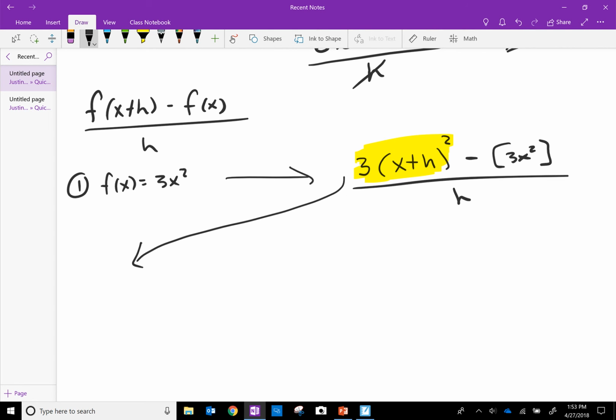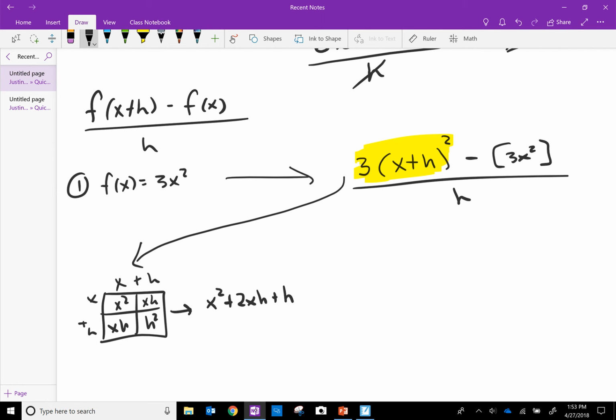And in order to do that, I'm going to multiply that out with a box. X plus h times x plus h is x squared, xh, xh, h squared. So if I simplify that, it's x squared plus 2xh plus h squared.